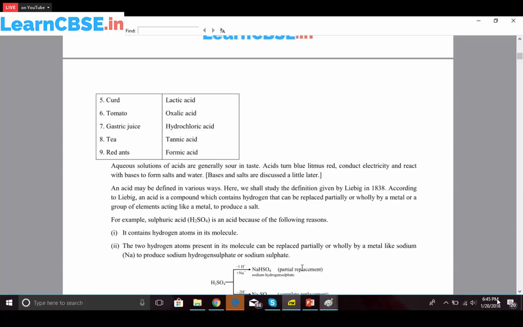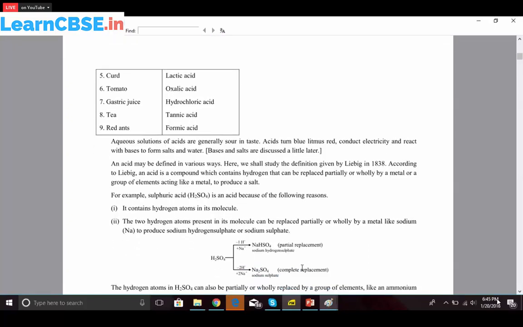And we can define an acid in many ways. An acid is a compound which contains hydrogen. For example, take any acid: HCl, sulfuric acid, nitric acid. All contain hydrogen, H plus in it, and that we call an acid. Whether it gives H plus completely or partially depends upon the strength of the acid.